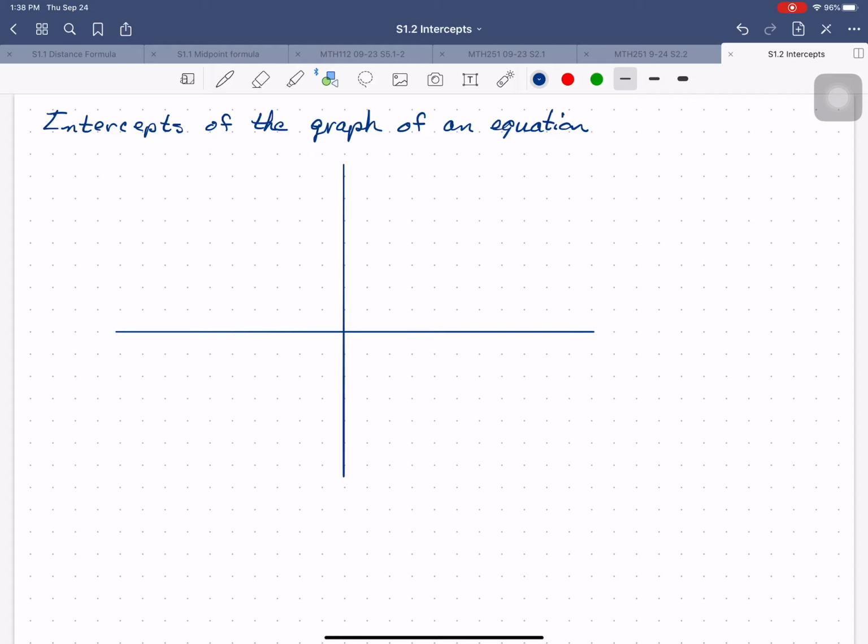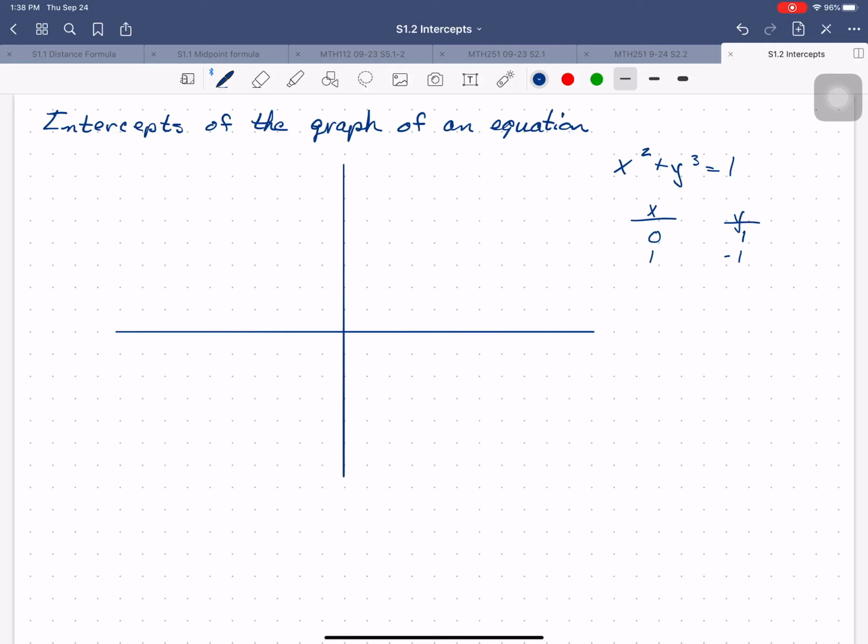So, for example, if I were to graph the equation x squared plus y to the third equals 1, I could start by making a table of values. So make an x and a y. If x is 0, y is 1. And if y is negative 1, then x is 1.